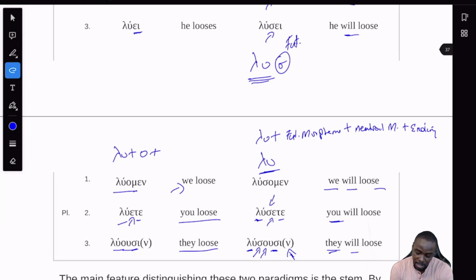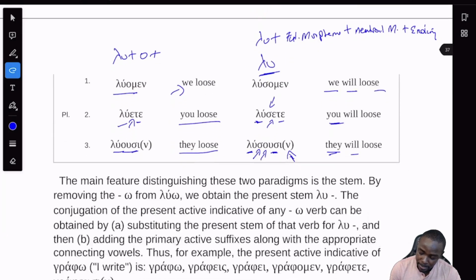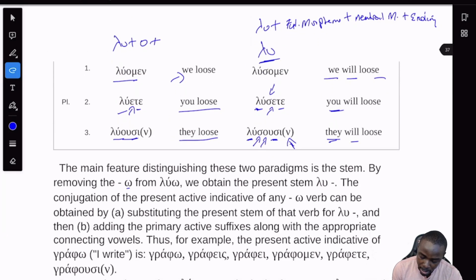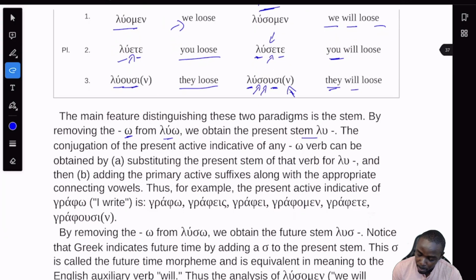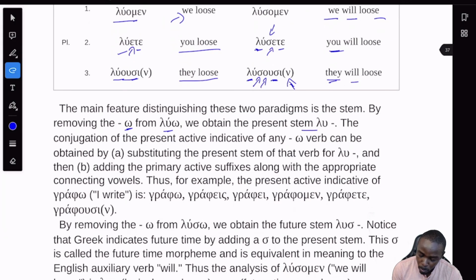But the main feature distinguishing these two paradigms is the stem. By removing the omega from luo, we obtain the present stem, lu. The conjugation of the present active indicative of any omega verb can be obtained by substituting the present stem of the verb for lu, and then adding the primary active suffixes along with the appropriate connecting vowels.